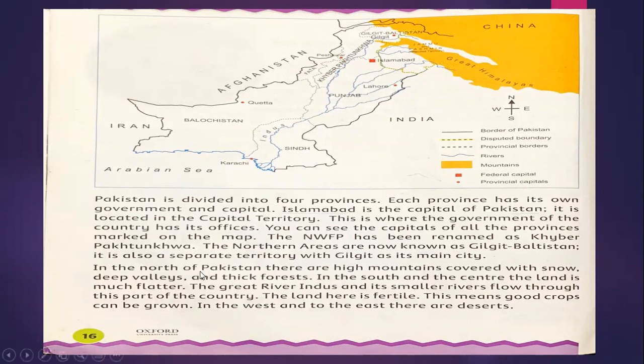Suppose our school is one institution. To run the system of the school, we need the principal. Then after the principal, we need vice principals. Then we need coordinators who can manage all the system. Same like this, the country must need a government to run it, to make it prosperous and stable in the world.